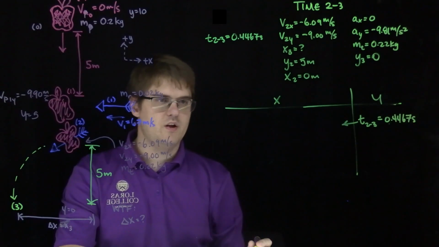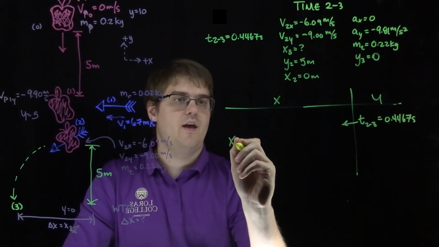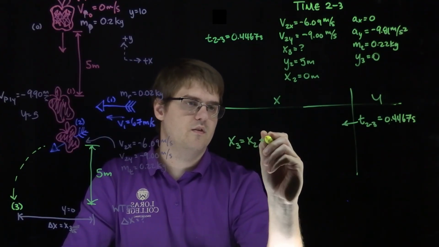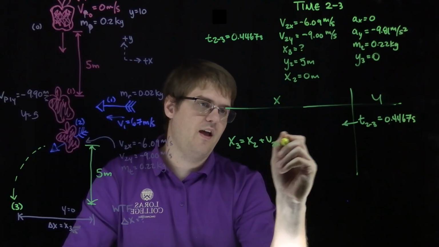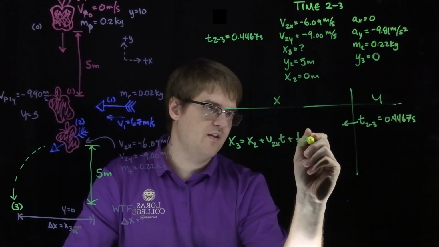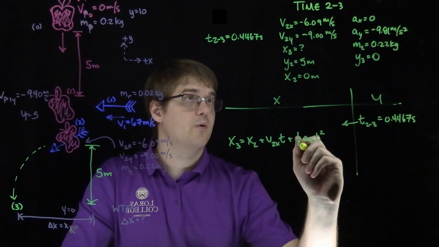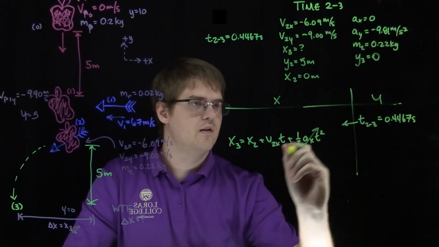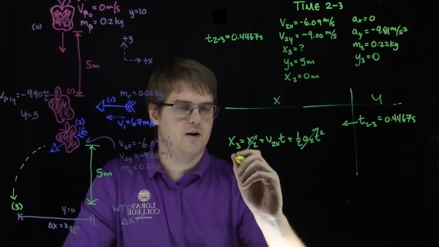That's what's going to move over here. And my x, I can just say x at 3 is going to be equal to x at 2 plus velocity at 2 in the x times time plus 1/2 a in the x times time squared. My acceleration in the x is 0, we said right up there. My position of x at 2 is 0, we said right up there.